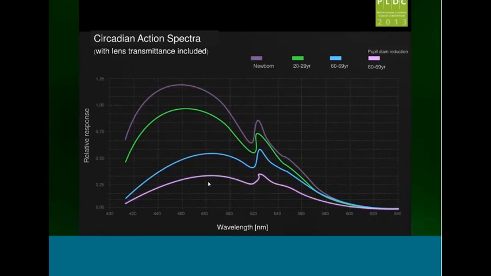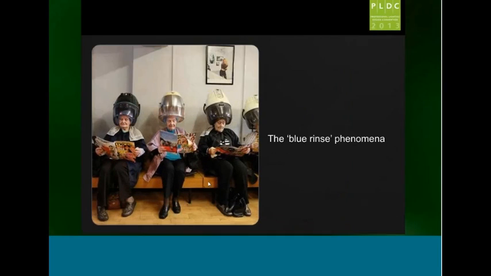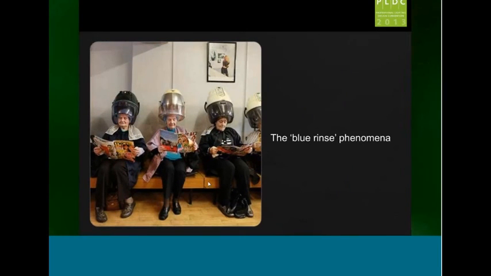So what does that actually mean? Here's a slightly amusing example: older people, because they can't perceive blue so well, very often overcompensate for it. For example, older ladies using too much blue dye.